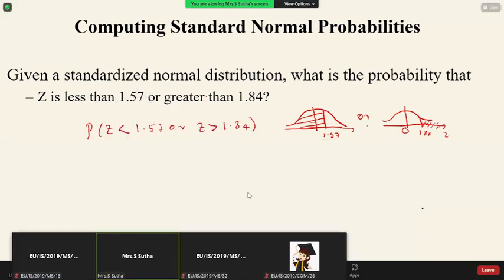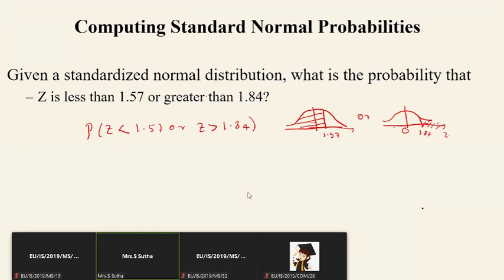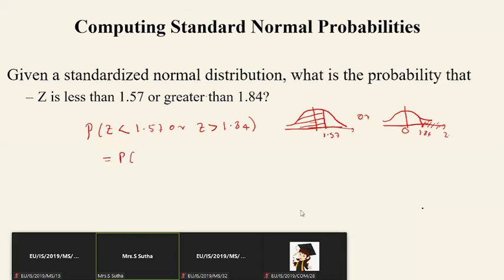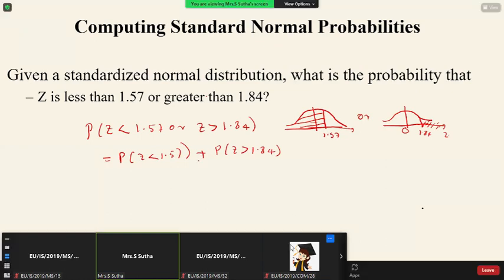If we look at these two graphs, these two are disjoint events, mutually exclusive events. So this probability we can write as the probability of Z less than 1.57 plus the probability of Z greater than 1.84, because these two are disjoint events, so we can put the plus sign, mutually exclusive, right?